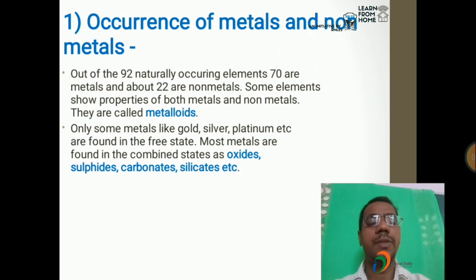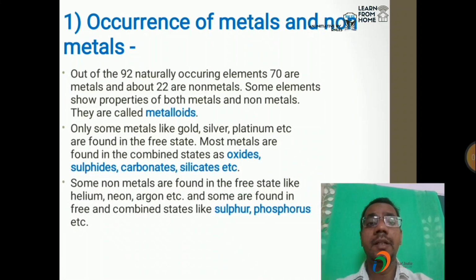So from this point what you understood is that a few metals are present in a free state, and most of the metals, many metals, are in the combined state. They may combine with oxygen or sulfur or carbonate or silicate. Then a few non-metals are present in a free state like helium, neon, argon, and a few non-metals are combined with elements like sulfur, phosphorus, and maybe oxygen also.